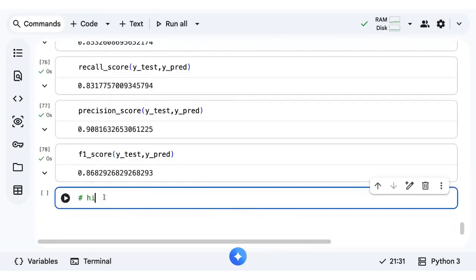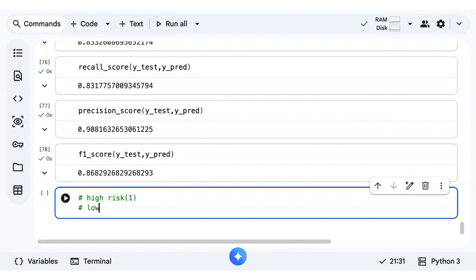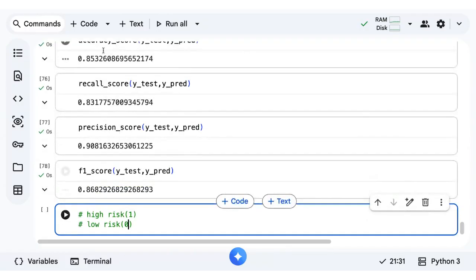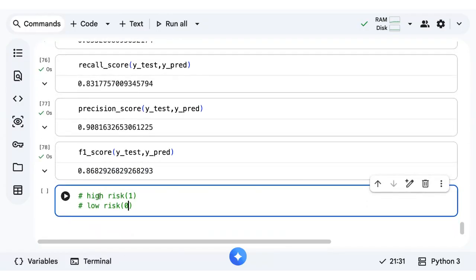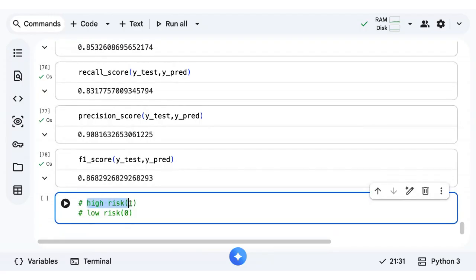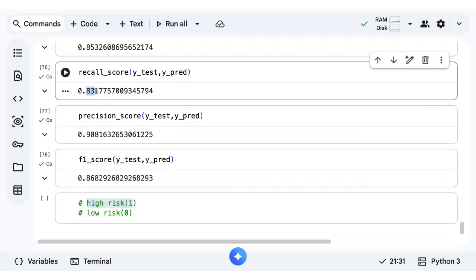So coming to recall: among all the positive predictions, that means among all the predictions that the model has done related to high heart attack risk people, how many really have those symptoms? It says only 83%. Remaining it's doing wrong classifications.